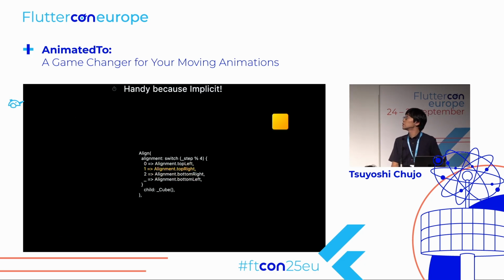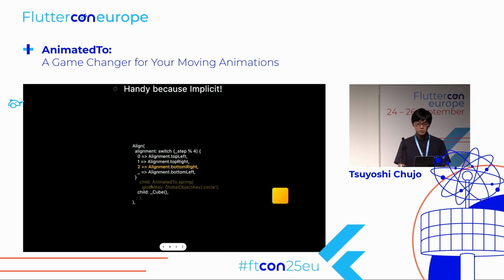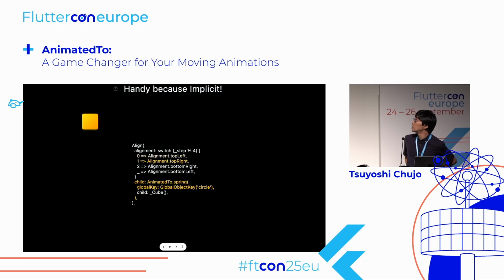But it isn't animating. To animate this cube, as you can imagine, we just wrap the cube widget with the AnimatedTo widget. Now it animates. So basically implicit animation is very handy because, as long as we follow the behavior of the animating widget, we don't have to do a lot of things, just wrap the widget.